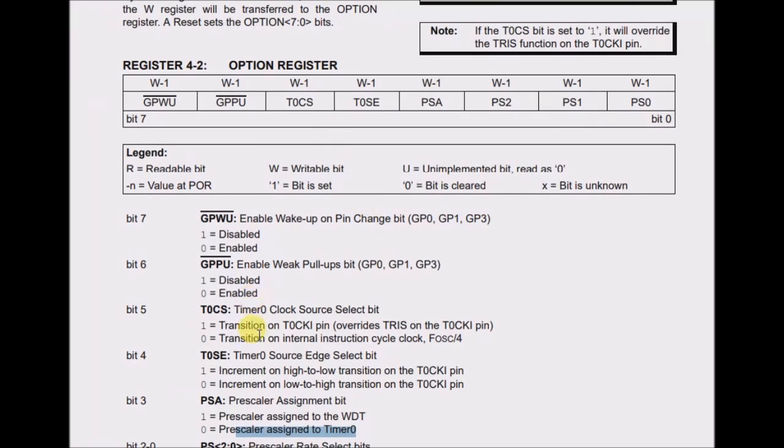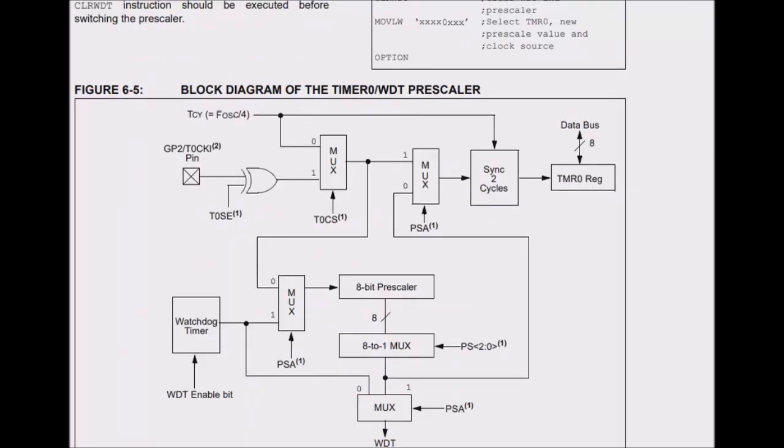The T0SE pin was selecting on the high to low transition or low to high transition, and I covered that in a previous video, in a diagram example, as to how that actually works logically, and it's interesting because it actually does. Timer0 register, data bus.